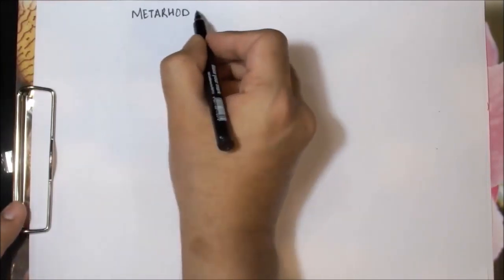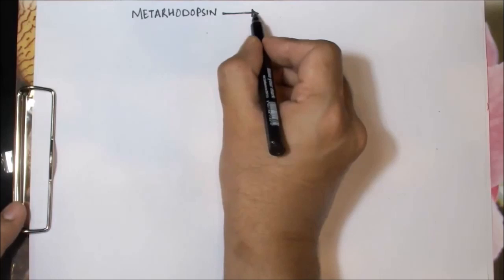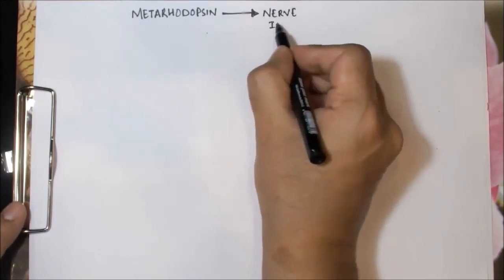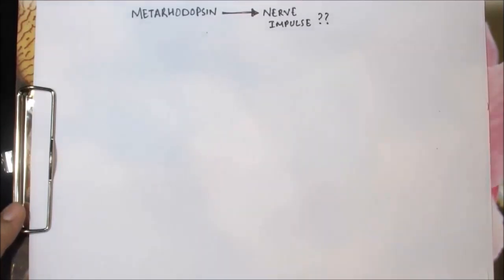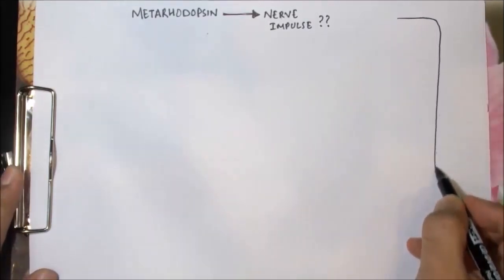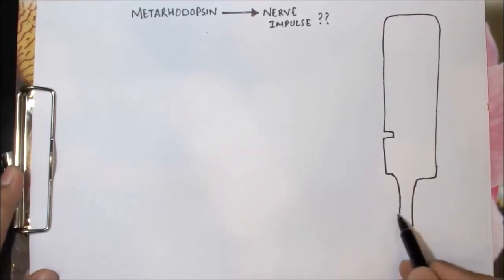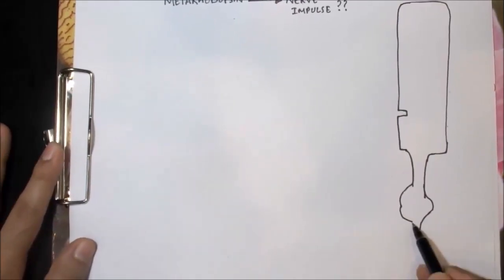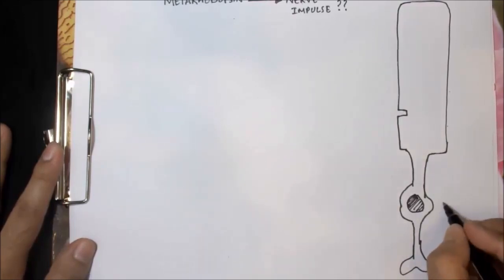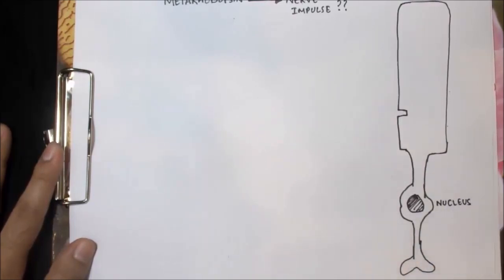Now let's see how metarhodopsin develops a nerve impulse. Now this is the rod cell. There are various discs, the nucleus and the footplate.